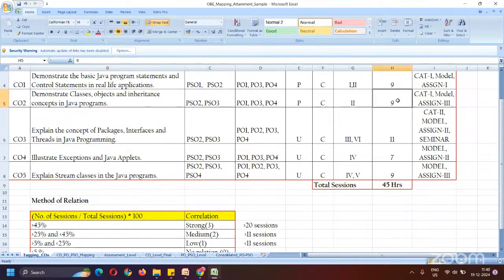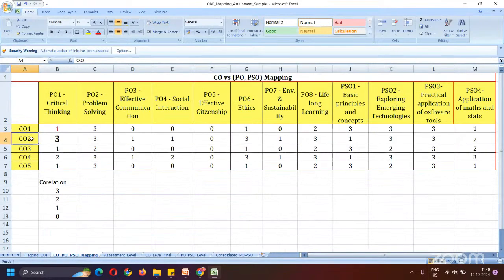Out of those 9 hours, how many sessions are contributing to critical thinking, how many to problem solving, and how many hours will improve communication? This is one way of mapping the correlation, based on the number of hours.